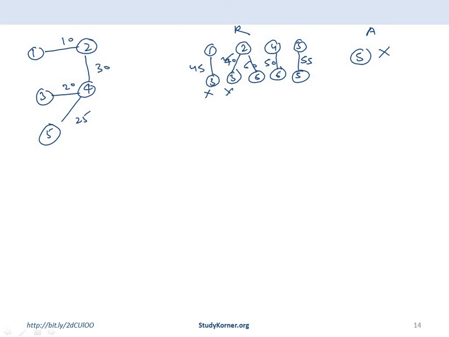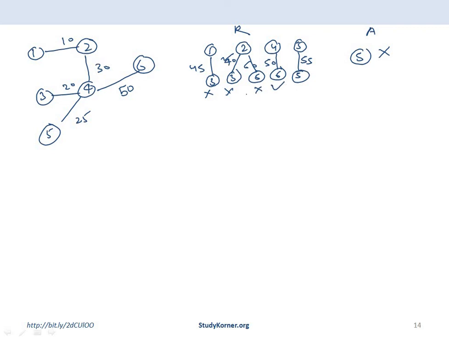Again 4 to 6, yes, 4 to 6 is possible. So I just add this edge 4 to 6 here with the edge weight 50. So this is not possible, but this is possible.